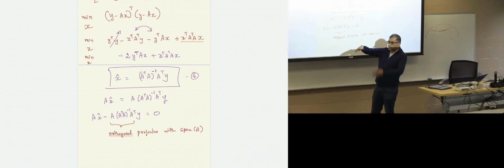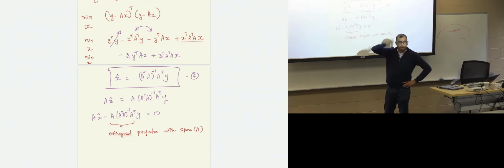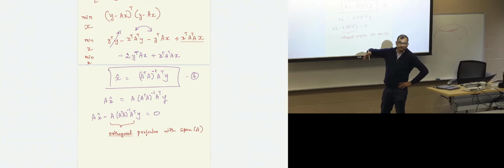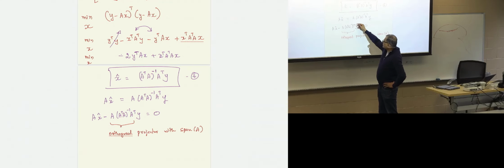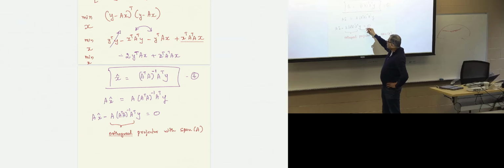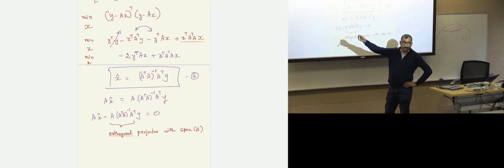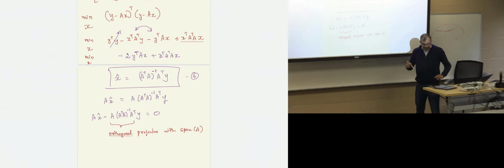The simplest way to think about it is if you consider the columns of A to be basis functions, then A times A transpose A inverse A transpose applied to Y basically projects Y orthogonally with respect to the basis.